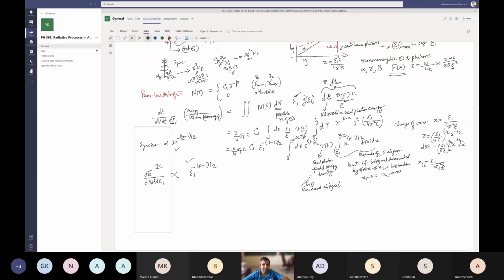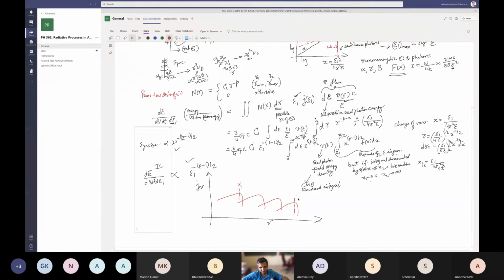The idea is actually simple. Let me schematically draw J nu as a function of nu. We know for a single gamma, the synchrotron looks like a power law and a cutoff. So basically you're adding up. This is due to a single gamma 1, for example, the minimum gamma.